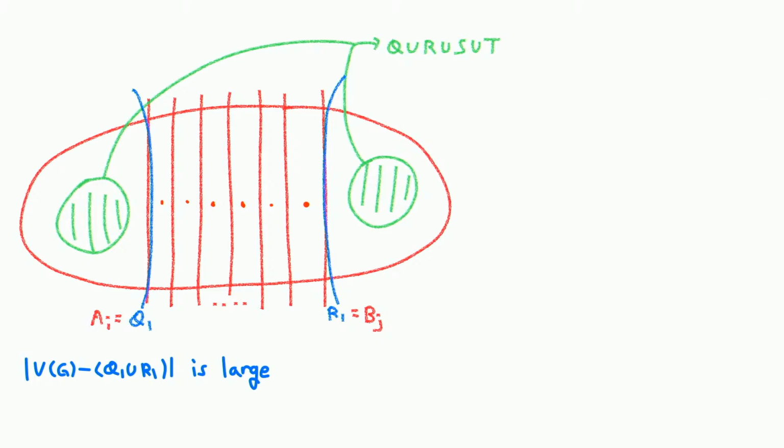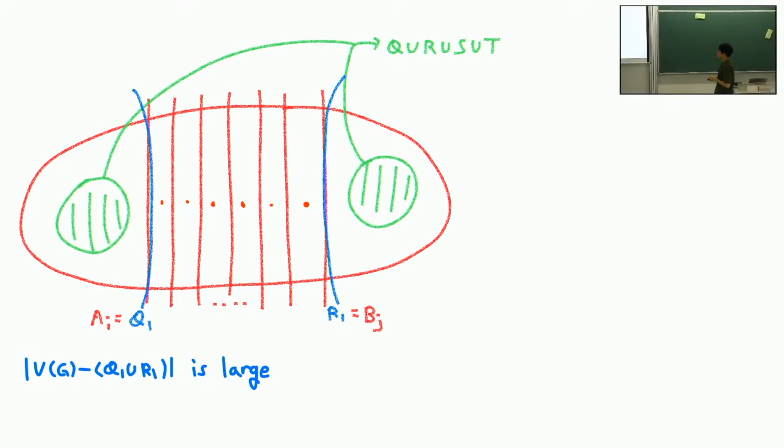So let Q1 be the set Ai and let R1 be the set Bj, the complement of this separating set. This set is Ai and this set is Bj. Then Ai union Bj contains the whole set Q union R union S union T, and the number of vertices in here is very large.